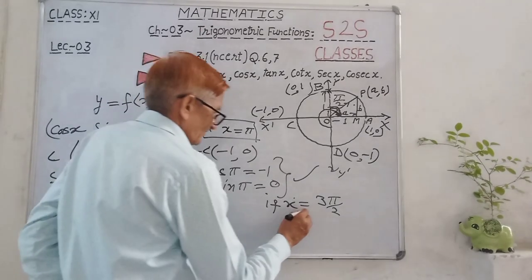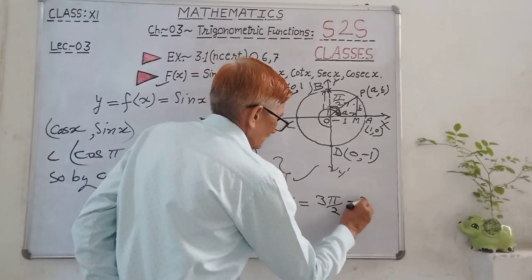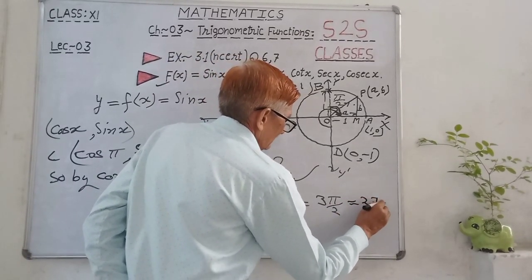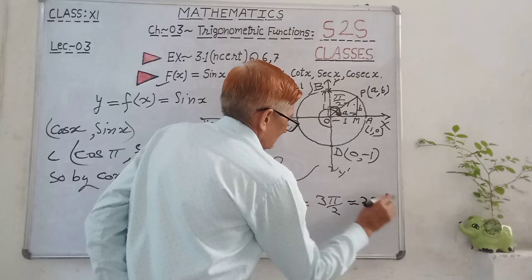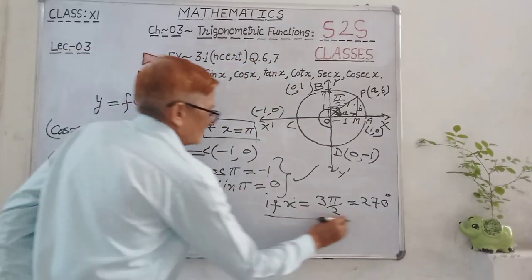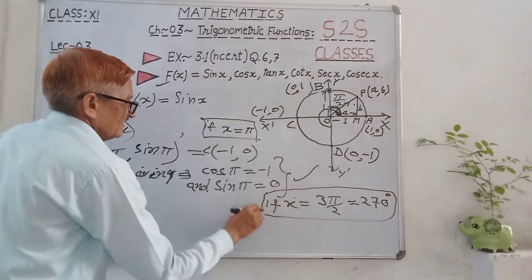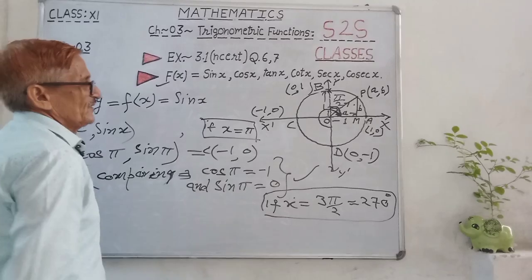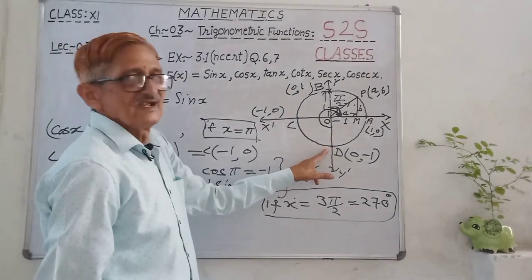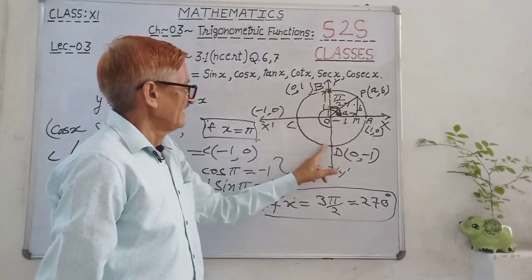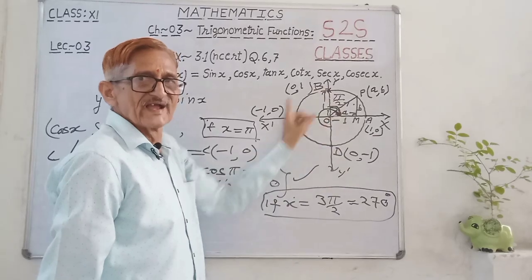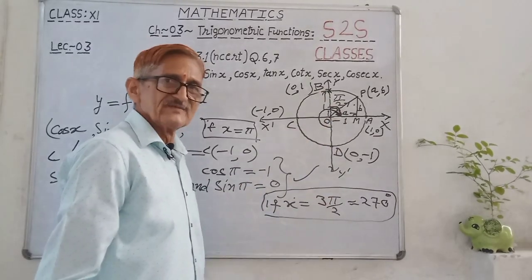Okay, and 270 degree, if in degree you want. Then for this angle, at point D, the angle at the center is 3 pi by 2.